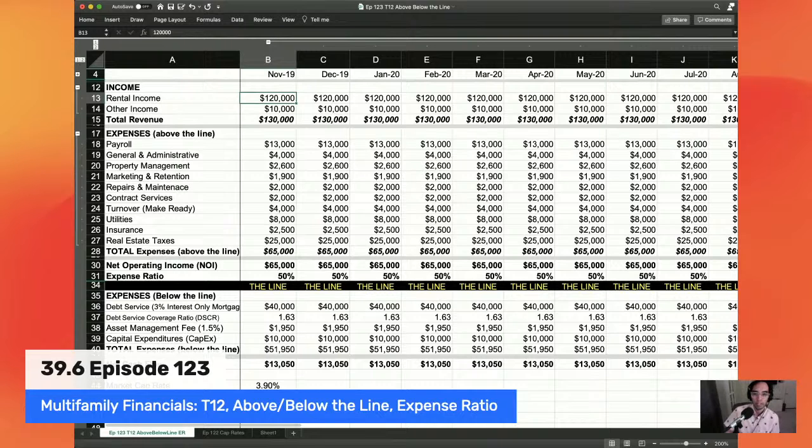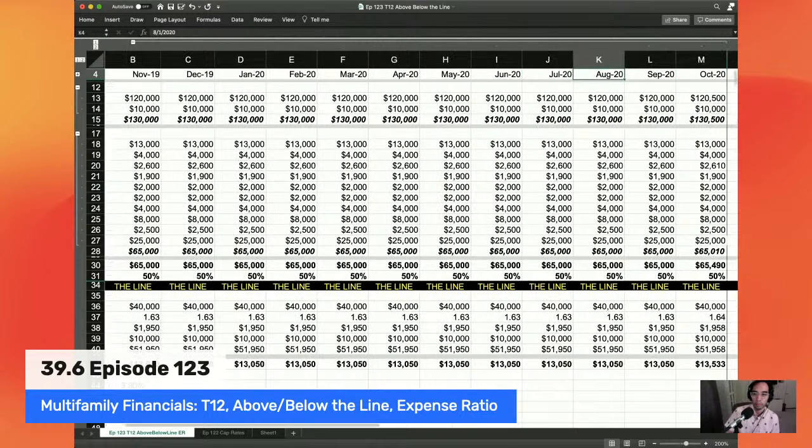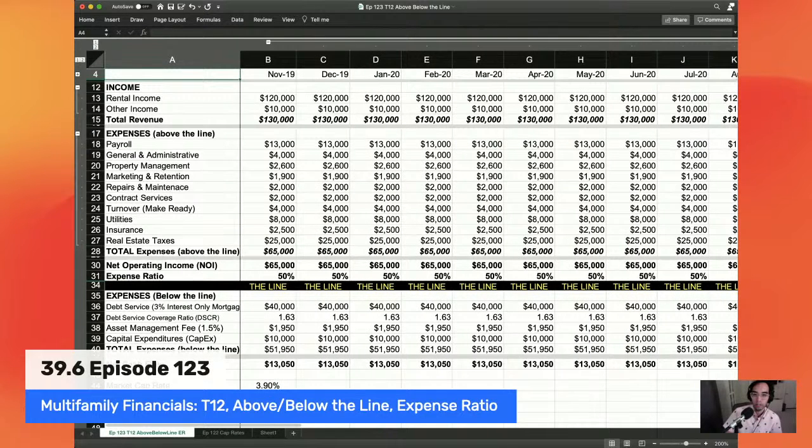Okay, so November 2019, December 2019, January, February, March, April, May, June, July, August, September, October. Okay, so right now it is November 2020. So if we had the financials already done from October 2020, this is what it would look like for the trailing 12 months.